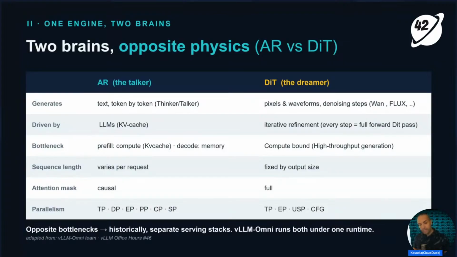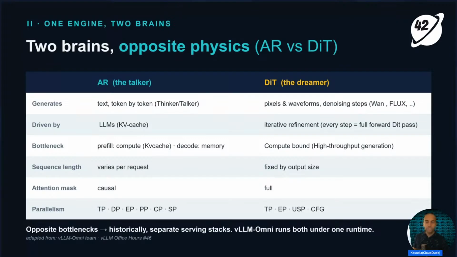On the right side, that's diffusion. That's completely different. The DiT, which stands for diffusion transformer, is more like a dreamer. It generates pixels and waveforms by denoising, like in image generation. So every single step is a full forward pass through the transformer.